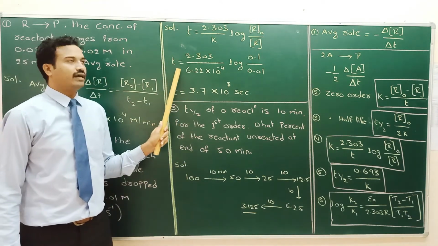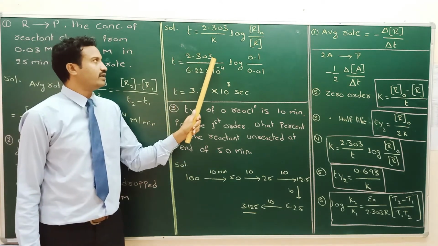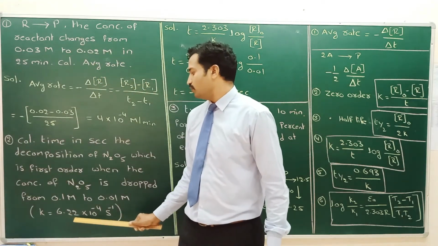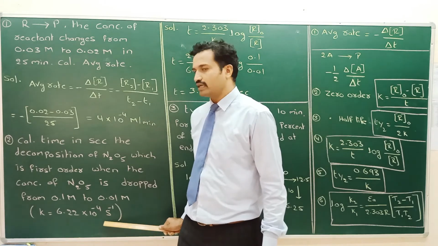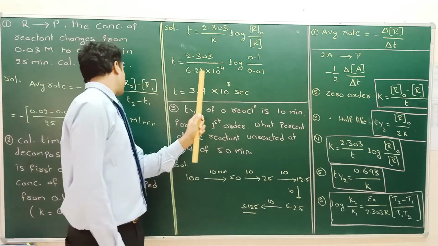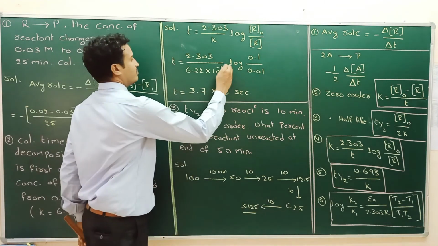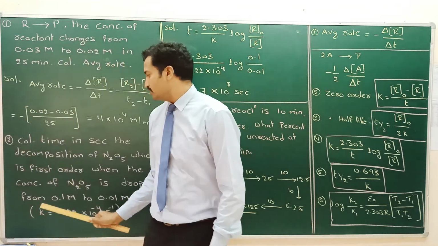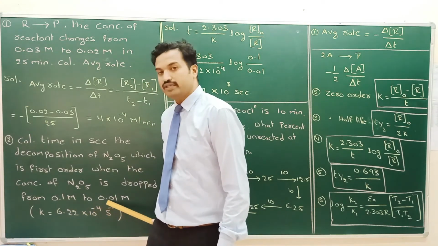Time is equal to 2.303 by K, and the K value is already given: 6.22 into 10 to the power of minus 4 second inverse, times log of initial concentration by final concentration. The concentration is changing from 0.1 molar to 0.01 molar.